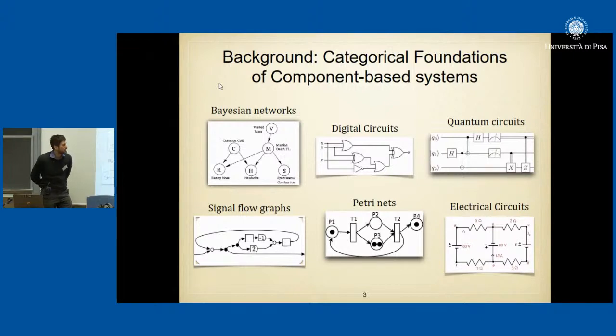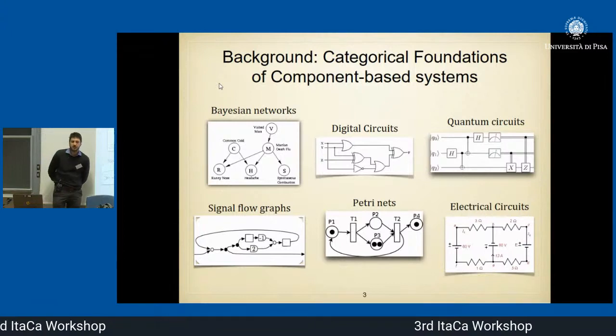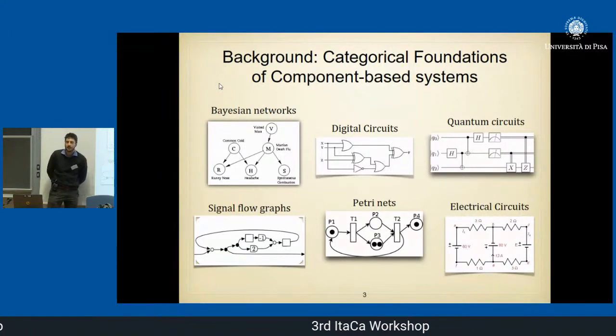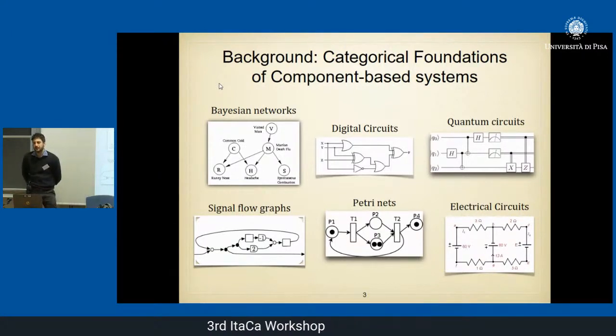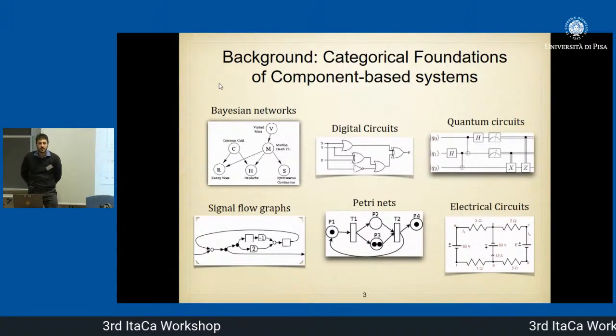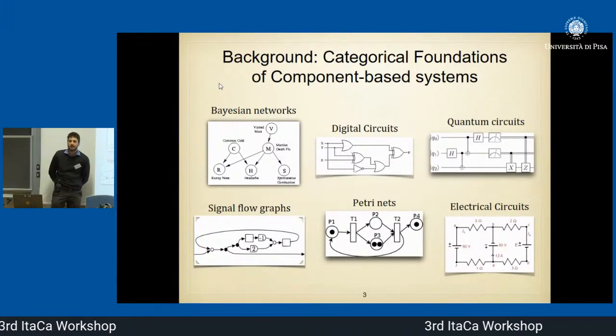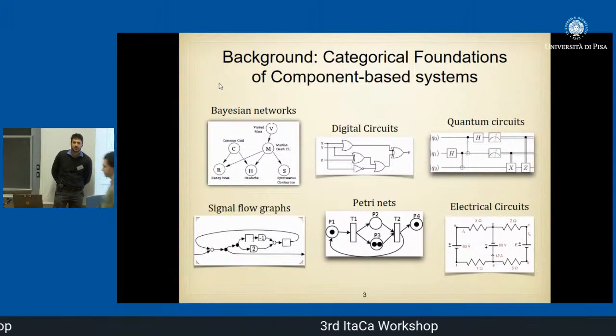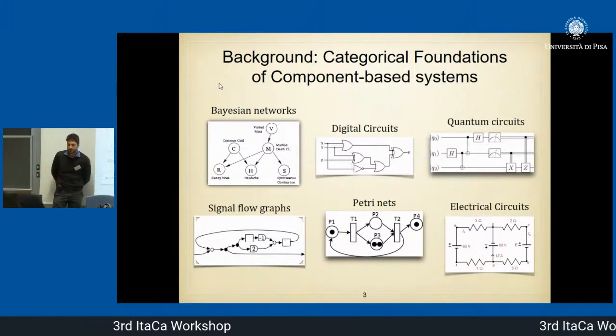that I and other people in my community, which broadly speaking you can think of as the community that you see, for instance, at ACT, at Applied Category Theory, have developed. So it draws inspiration from this series of approaches trying to give a categorical semantics to various kinds of component-based systems that arise in different fields of science, and to do so in a uniform manner.